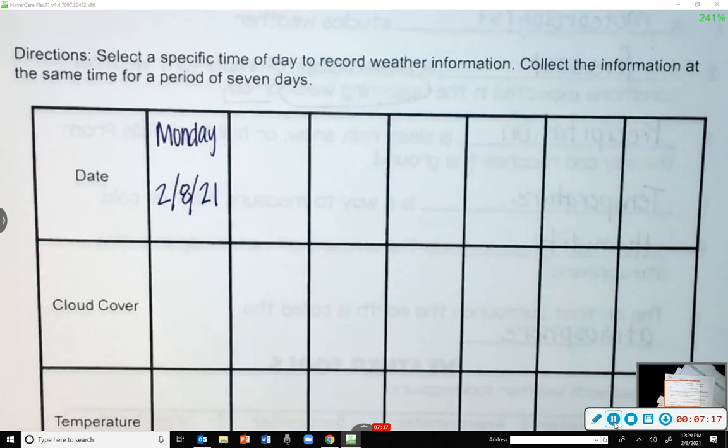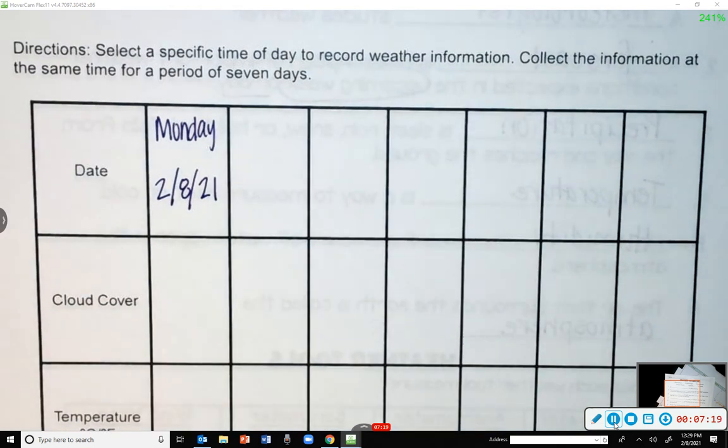So let's talk about the words you might hear a meteorologist say to describe the weather. What might a meteorologist say to describe the weather? What's one, Allie? Wind direction. No. He might say it's sunny. Or he might say it's cloudy.